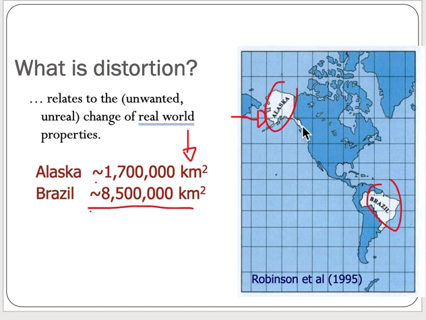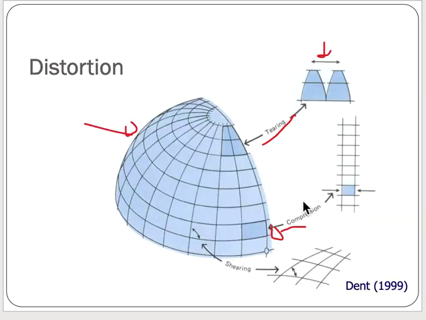Brazil looks smaller and Alaska looks larger, when in fact it's not that large.